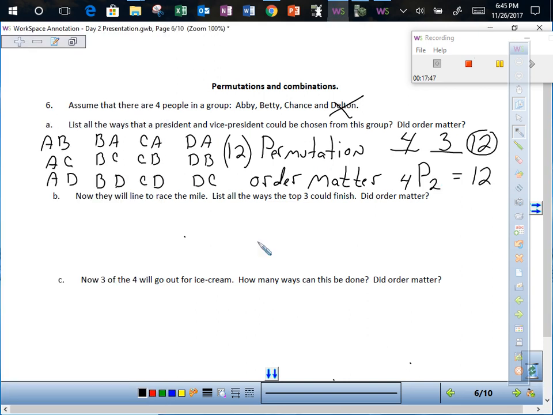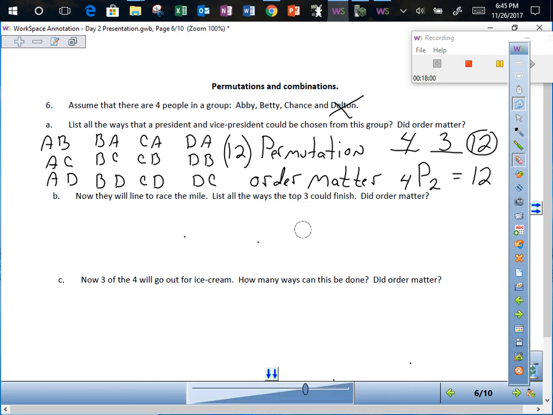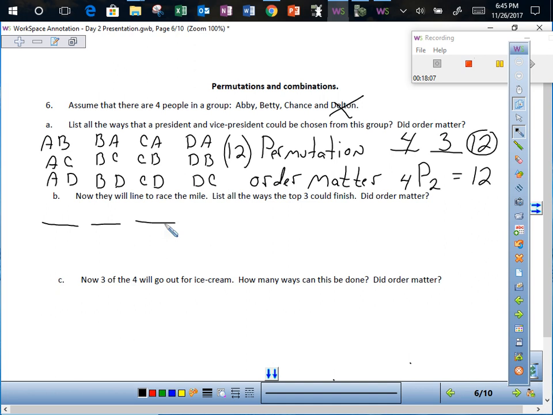Here goes B. Now they will line up to race the mile. List all the ways the top 3 could finish. Now, I'm not going to list all of them because of the video, plus there's 24 of them. I'm just going to show you how I knew there's 24 of them. Method number 1. I'm going to put 3 blanks because I'm worried about the top 3 finishers.